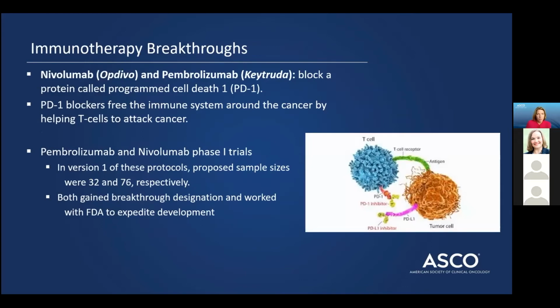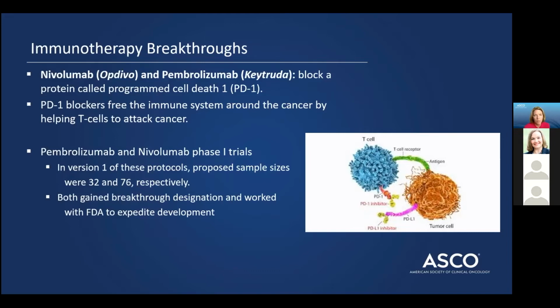Okay, so the immunotherapy breakthroughs that I'm referring to, most of you have probably heard of these drugs: Nivolumab, whose trade name is OPDIVO, and pembrolizumab, whose trade name is Keytruda. These are immune checkpoint inhibitors, and they block a protein called programmed cell death, abbreviated PD-1.